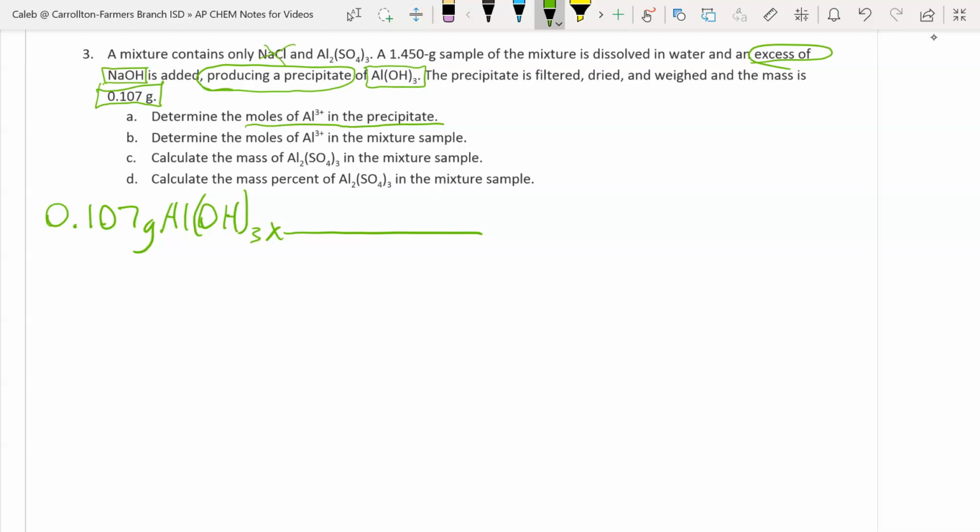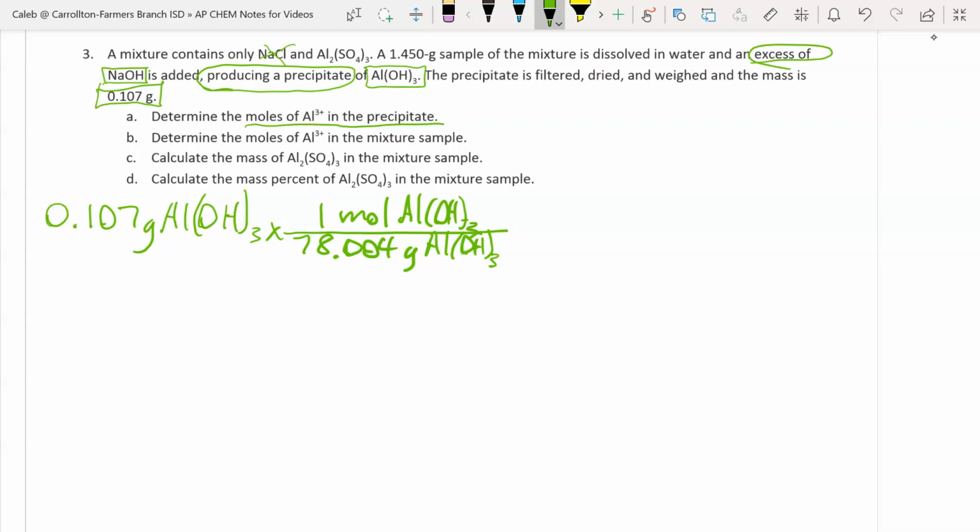That adds up to be 78.004 grams of aluminum hydroxide in every 1 mole of Al(OH)3.